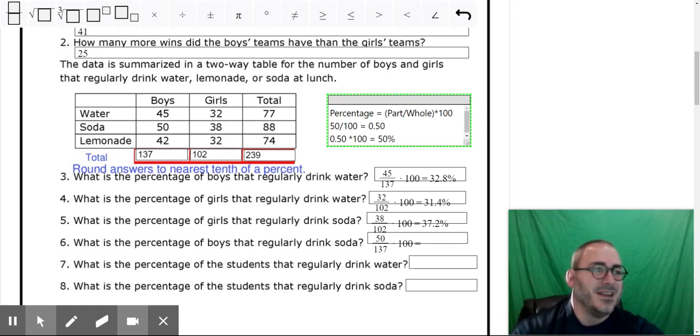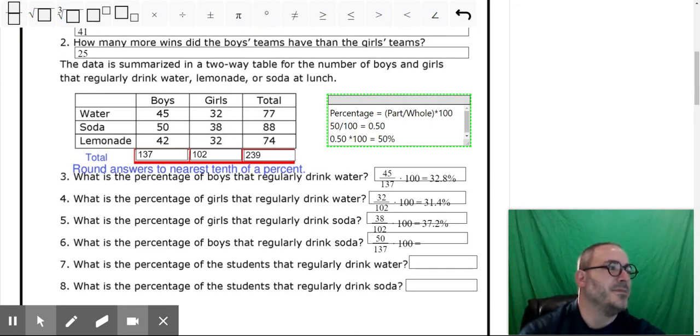I teach it as times 100 just so it's more straightforward and easier for you. But if you can move that decimal place over two places and you're cool with that, do it however you feel comfortable. I like to teach it this way because it gives students a final response a little bit easier, but it requires you to remember to multiply by 100. I want to show it to you both ways so that you know how to interpret it if you've forgotten the times 100.